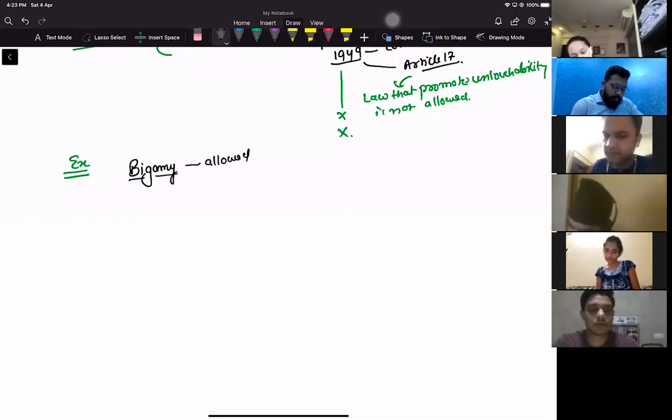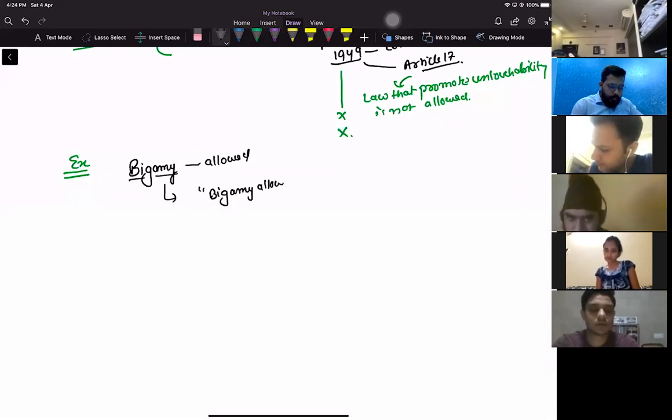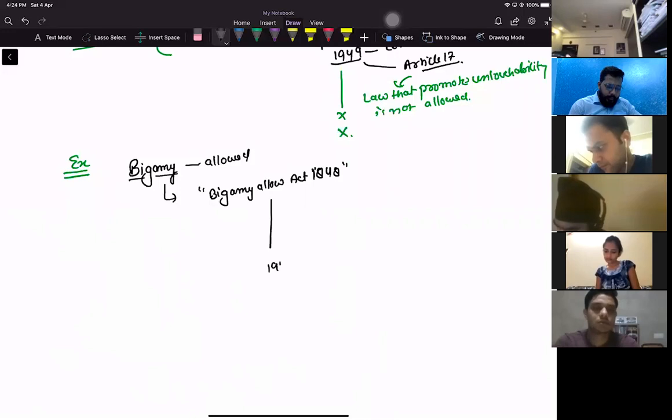Bigamy allowed, और इसके ऊपर suppose some law is there, a Bigamy Allowed Act 1848. And the persons are doing bigamy till 1949.